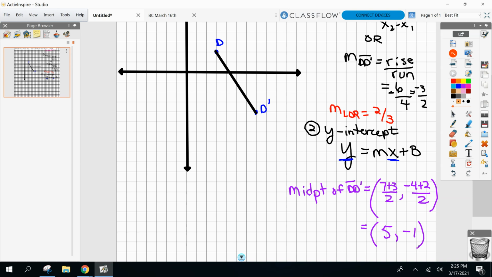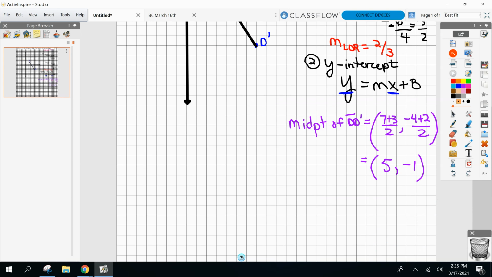That's the x and the y I need to plug into y equals mx plus b. So let's do that now. The y is going to be negative 1. Slope was already found, 2/3. X was 5 plus the b.